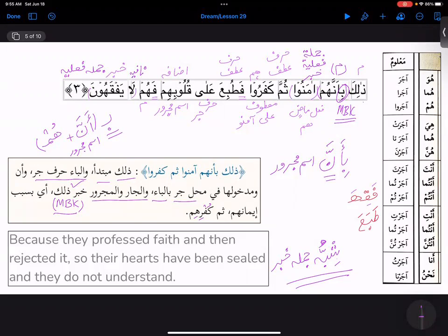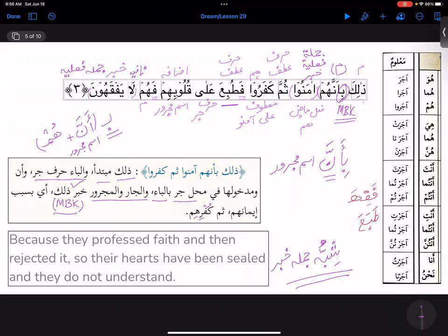And tubiya, now this is something we didn't learn yet. This is majhul, mabni lil majhul, meaning this is passive. So not he, but on their hearts, a seal was put.